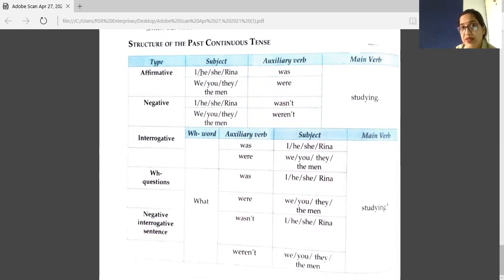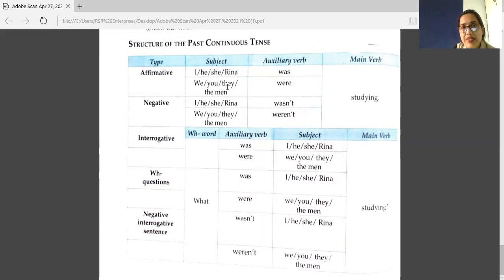With that, in this, we have I also, right? So in this sentence, you have to use was as auxiliary verb. And with that, ing form or present participle here. So your sentence is, I was studying, or he was studying, Reena was studying. So this is the sentence in affirmative in past continuous.